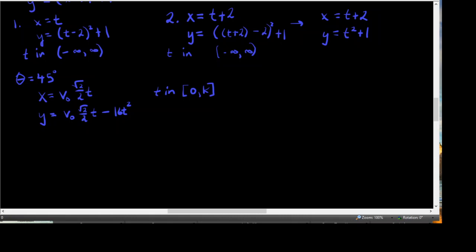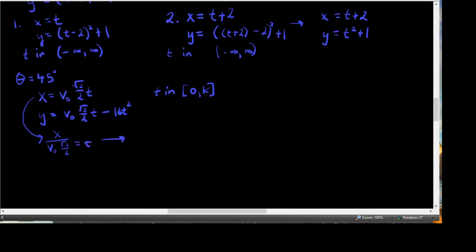The best one to solve for, I think, is going to be the x equation. So I'm going to solve it for t. To solve for t, I'm going to divide both sides by v sub naught times square root of 2 over 2 to get t by itself.